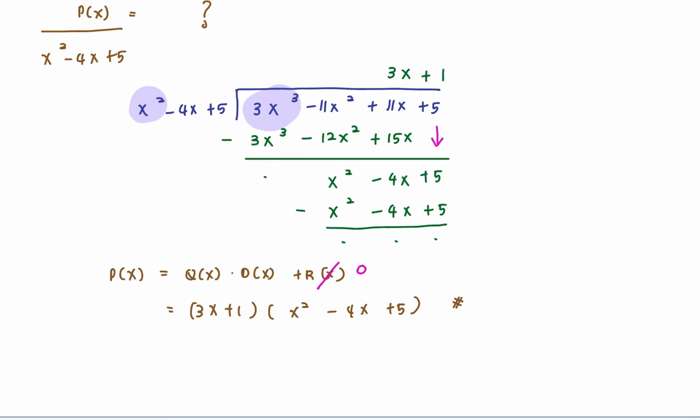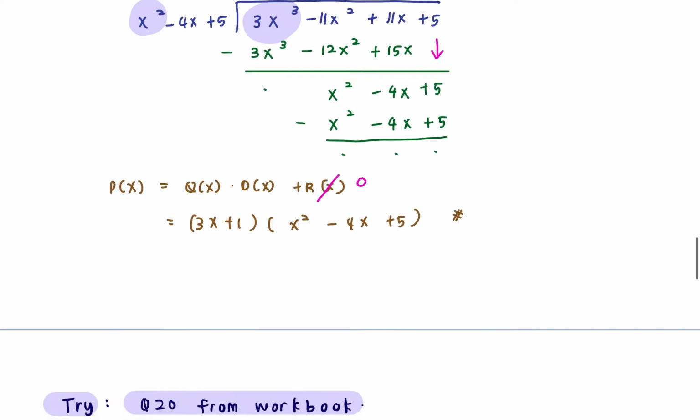If the question asks for the zeros, how to find the zeros? The zero here is from 3x plus 1 equal to 0. x will be negative 1 over 3. This one, the zeros just now are from the question, which are 2 plus i and 2 minus i. So that is your zeros.